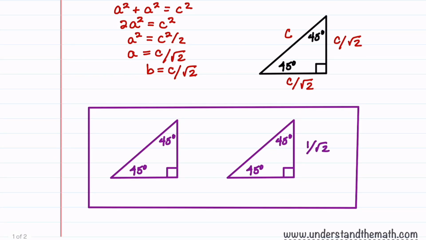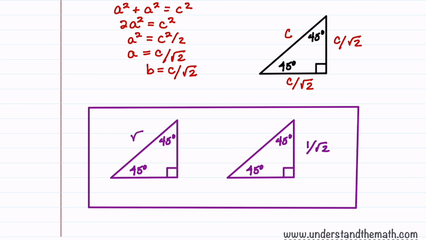It's common in trigonometry to let C equal either the square root of 2 or 1. So in the triangles in purple down below, we're going to fill in values for C. On the one on the left, let's let C be equal to the square root of 2.